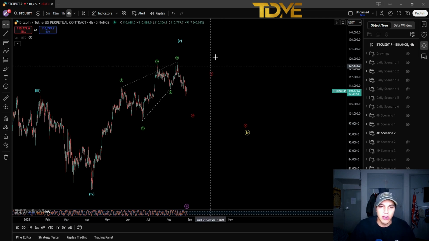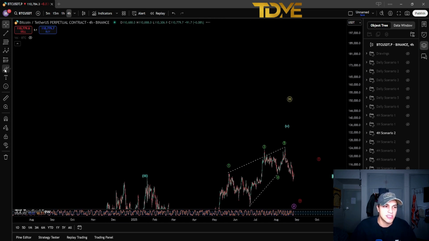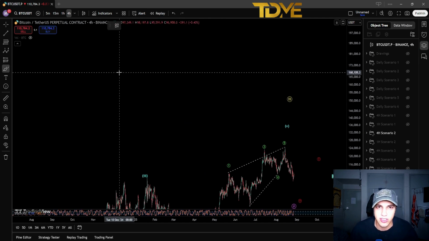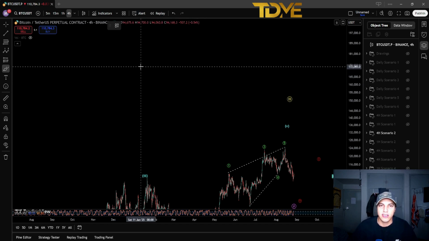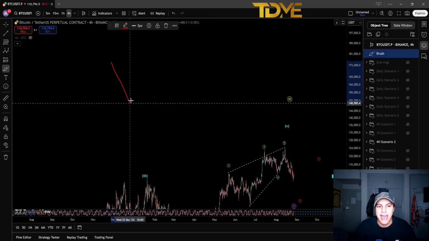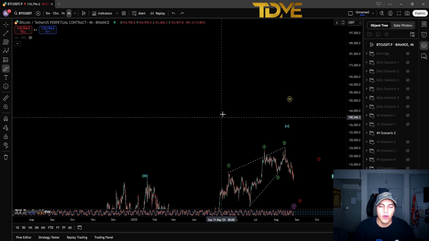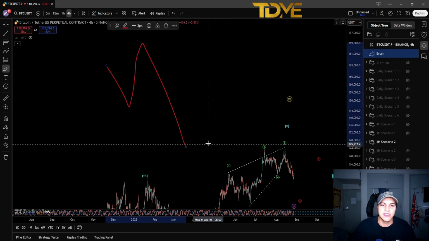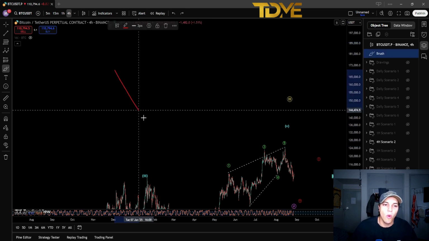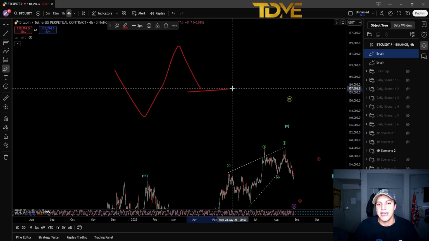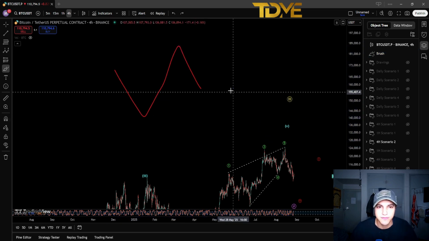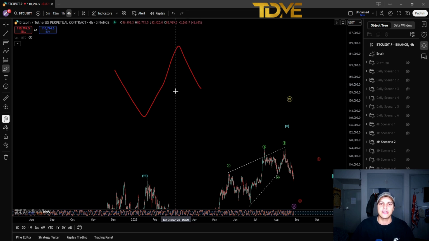Now, if we look at just some education, we can see a few corrective structures. Normally we have an ABC, or we have an ABC in an expanding flat, or an ABC in a running flat. Both are very different structures.